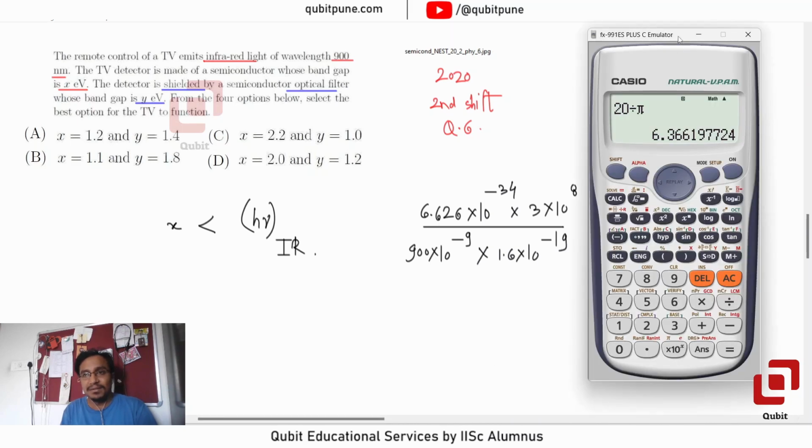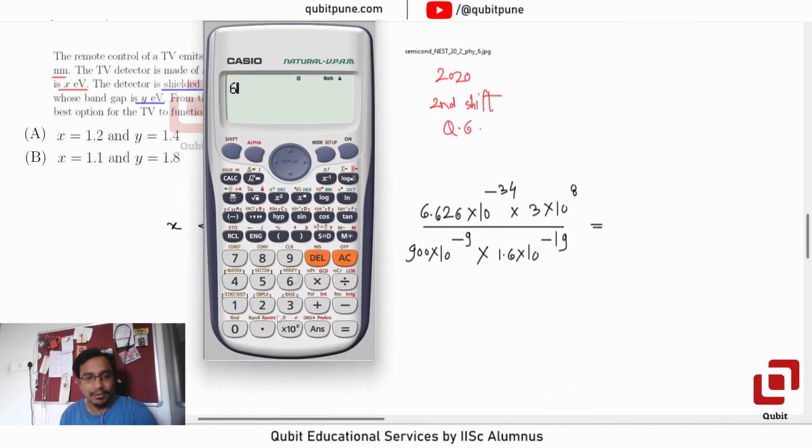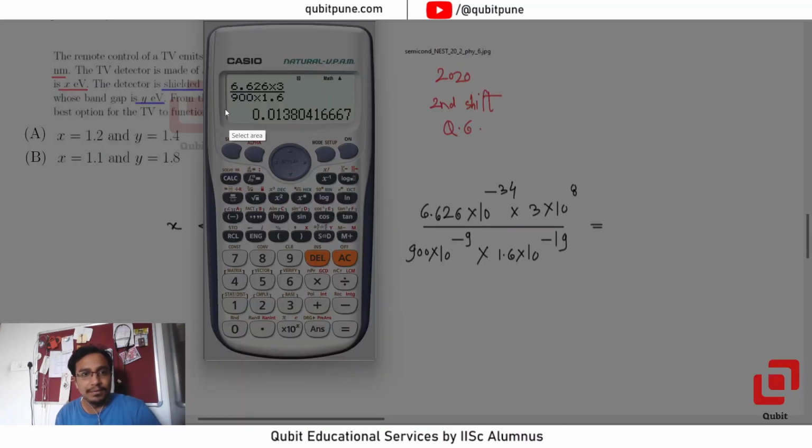Let's do it in two parts. First let us calculate 6.626 into 3 upon 900 into 1.6, that's 0.0138.